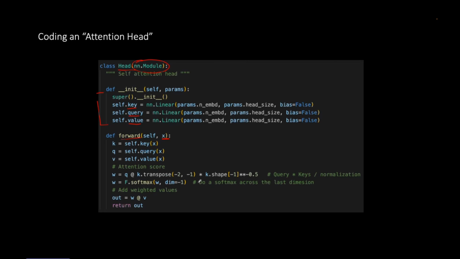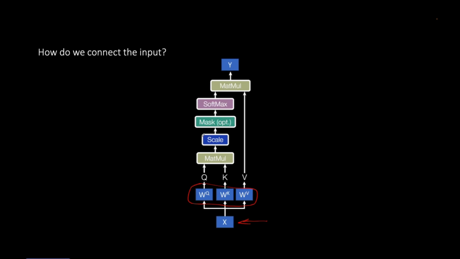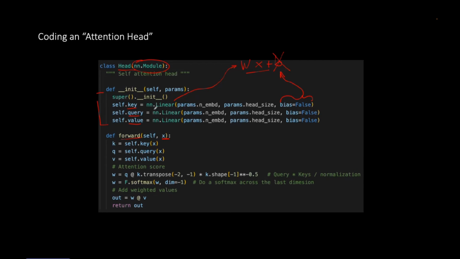How do you write that in PyTorch? There's something called a linear layer. A linear layer is just a matrix multiplication times the input plus some kind of bias. But if we set bias to false, we're not going to add that part, so it's just a matrix multiplication. So PyTorch already provides us with this linear class that does just what we want.